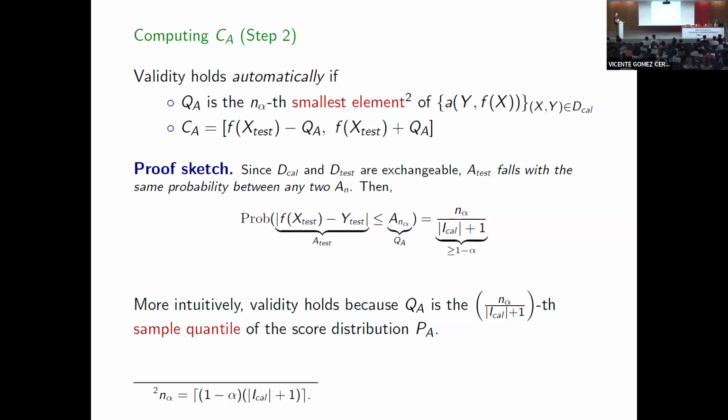And more intuitively, what are we doing? The n alpha smallest element is just approximating from above the 1 minus alpha quantile of the score distribution. What distribution? It depends on which kind of validity bound you want to achieve.